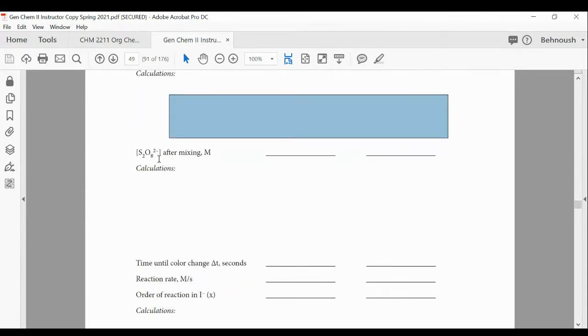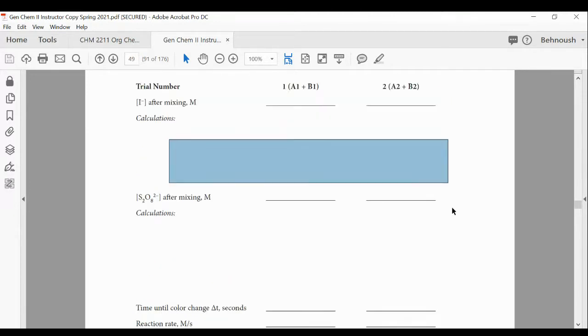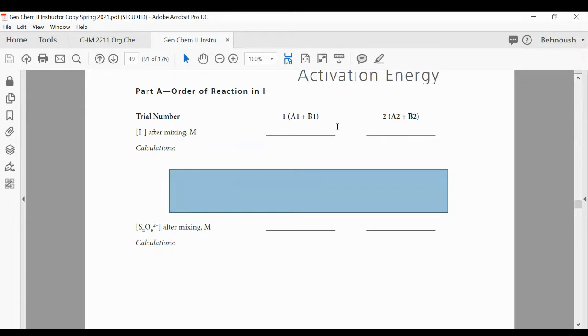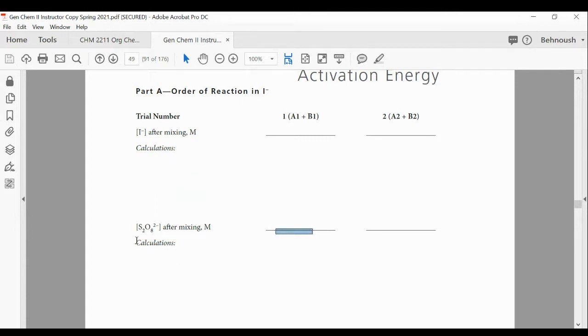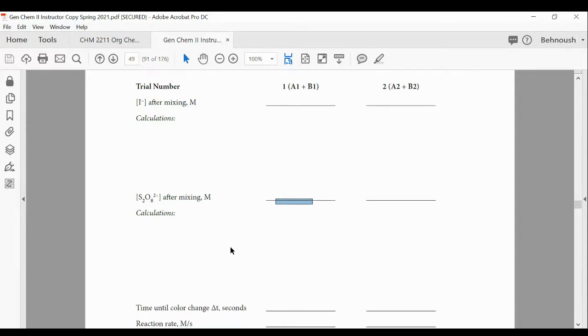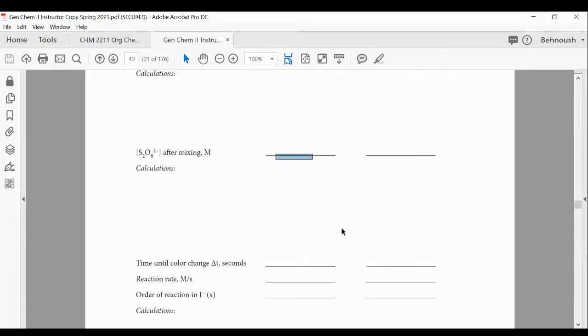Then you find the concentration for S2O8, trial 1 and trial 2. So these headings are shared. Basically you are sharing the A1 plus B1 and you find the concentration. This area would be the second screenshot that I showed you. You find the concentration for this and show your calculation also.